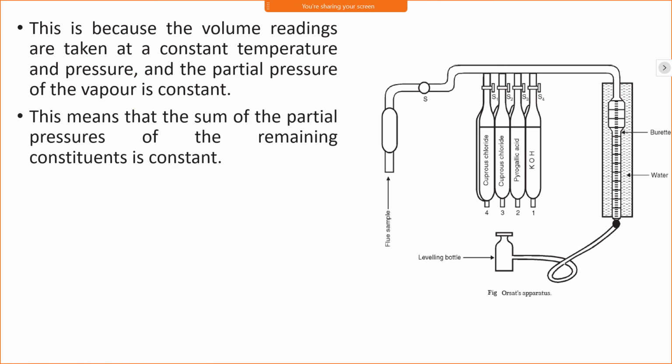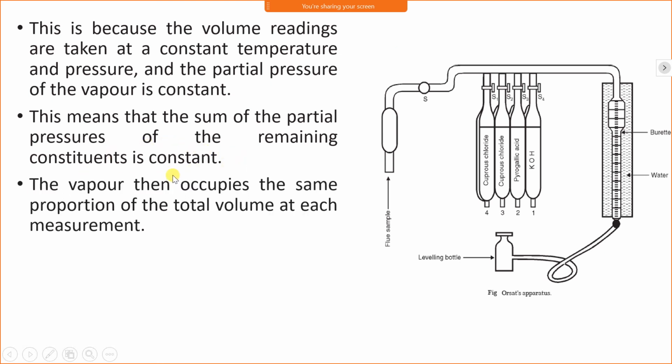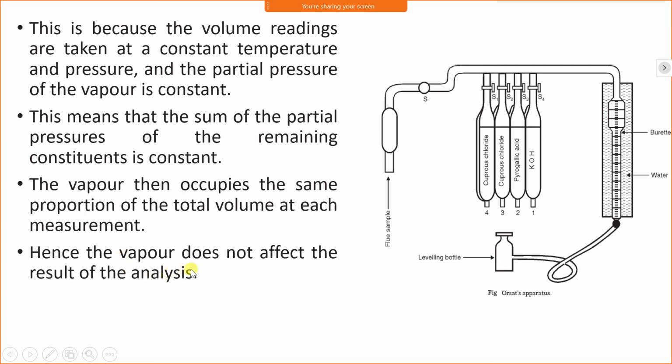This means that the sum of the partial pressures of the remaining constituents is constant. The vapor then occupies the same proportion of total volume at each measurement. Hence, the water vapor does not affect the result of the analysis.